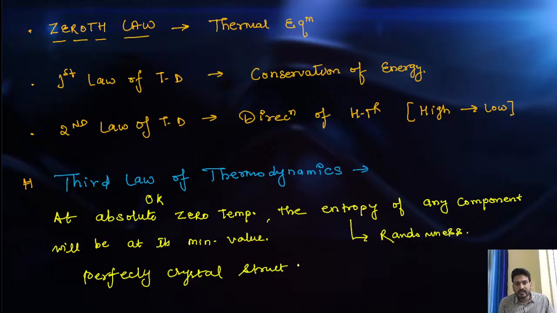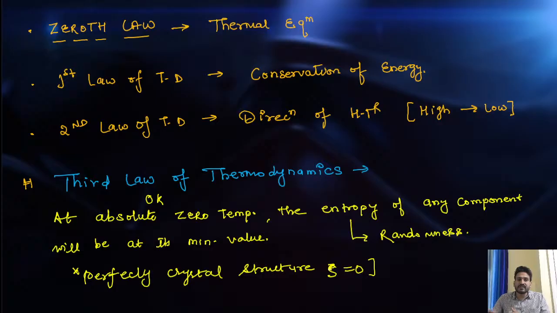A perfect crystal structure means the molecules have zero motion. There is not even negligible motion, so for a perfect crystal my entropy will be zero. Entropy is related to randomness, and randomness is related to temperature.